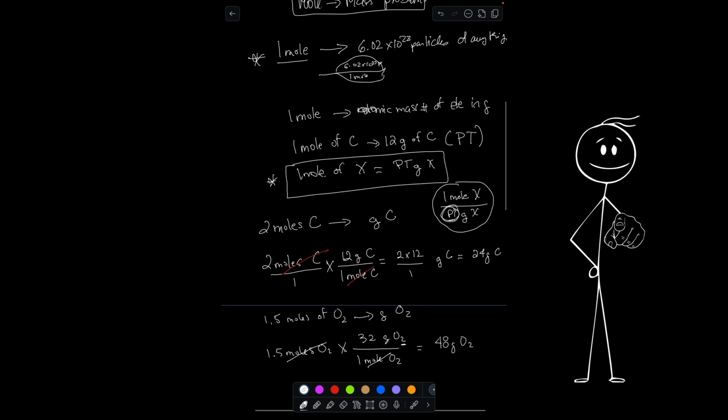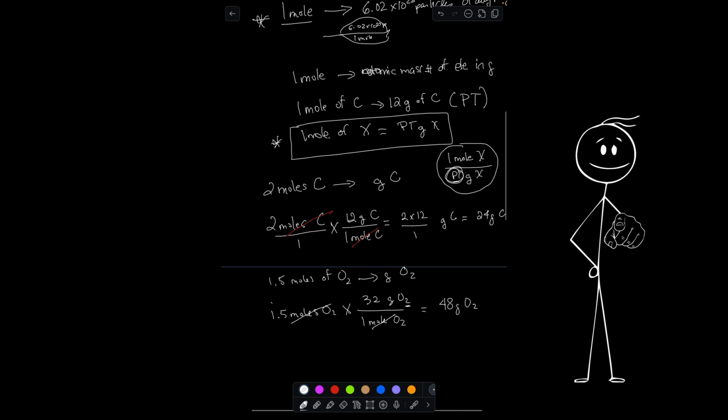Okay, so this is how you go from moles and you end up with the grams.